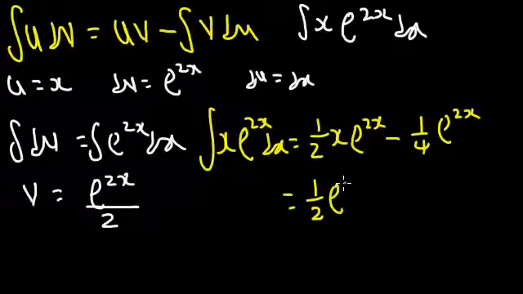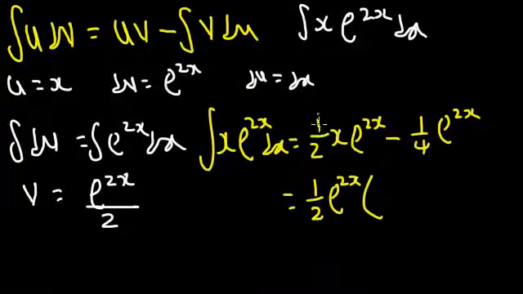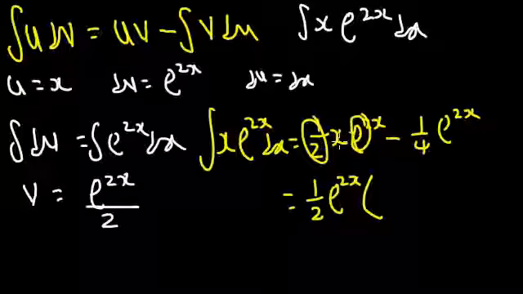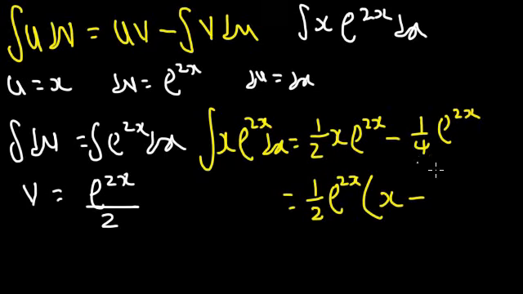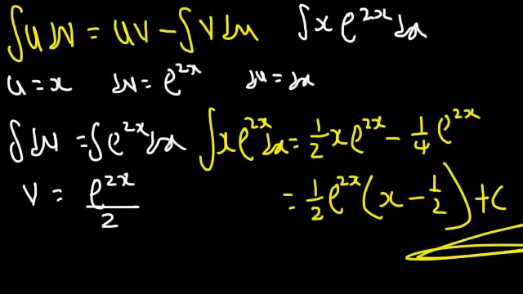So 1 over 2 e to the power of 2x in the bracket. When we take these outside, left over is just x, minus 1 over 4 divided by 1 over 2 leaves 1 over 2. Do not forget plus c. And that's our final solution.